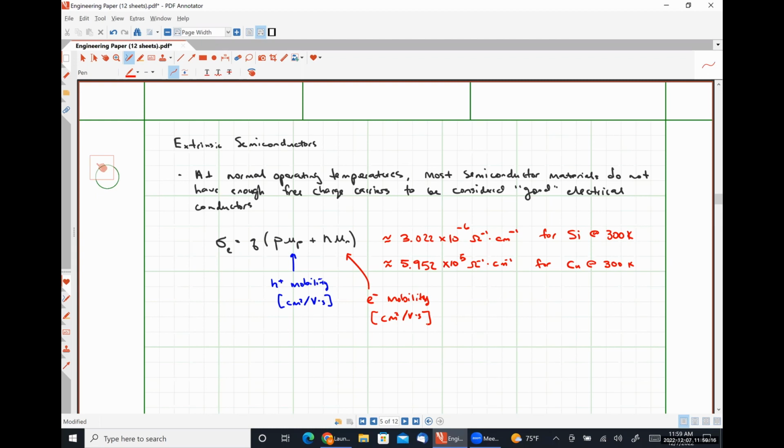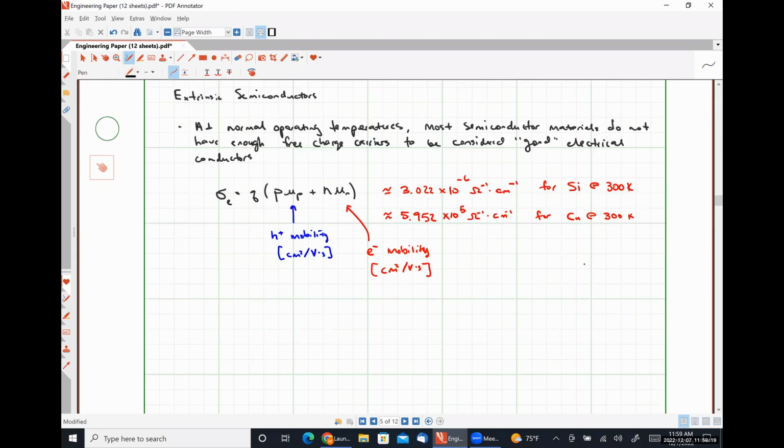All right, so in order to make the material more conductive, impurities or dopants are introduced.